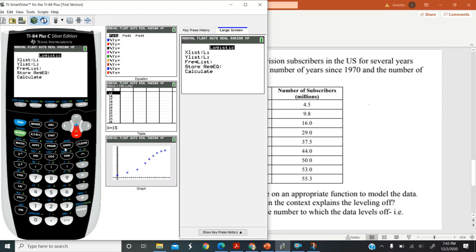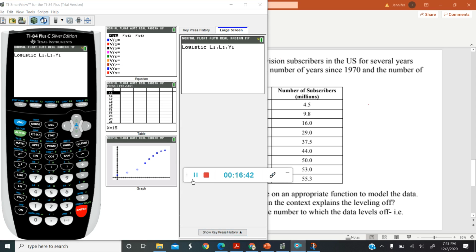So I'm going to go to store regression equation, go to variables, over to Y variables, and just press enter twice. And then I want to calculate. So it's going to take it a second. And when it gets there, I will copy it into the PowerPoint for us.